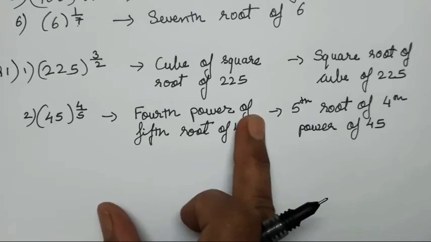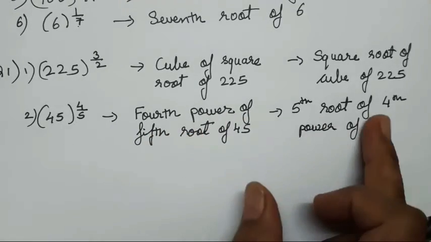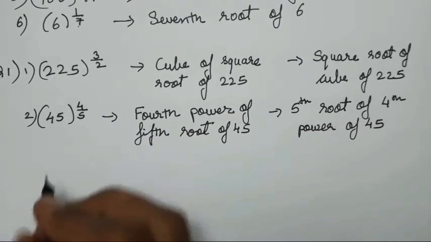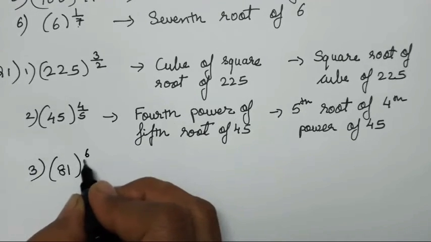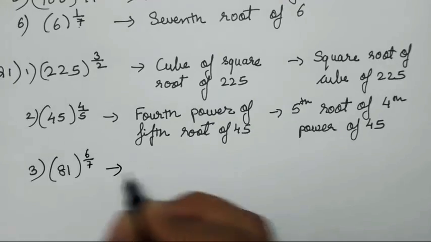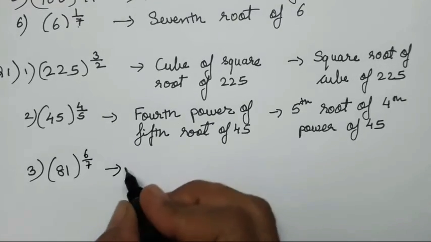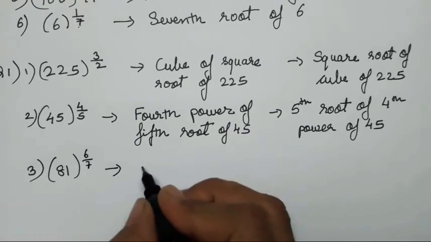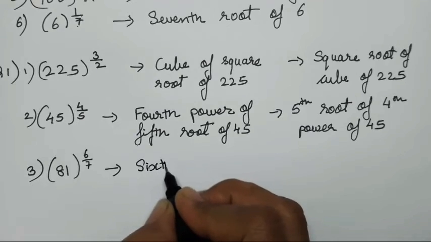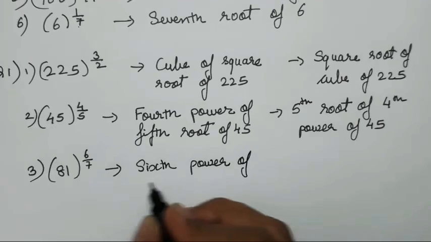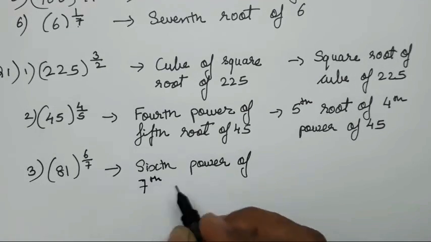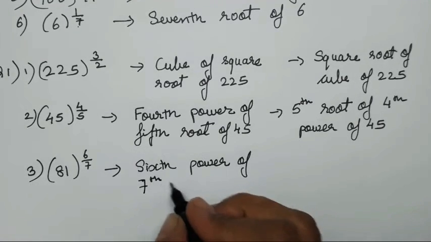See over here only power of the root and root of the power. So don't make mistakes in this. The reading is very easy. You all have to only pay attention to the small things. Now power of the root will be sixth power of seventh root of 81. You can write it in spelling or in words also, no problem, or numbers also.